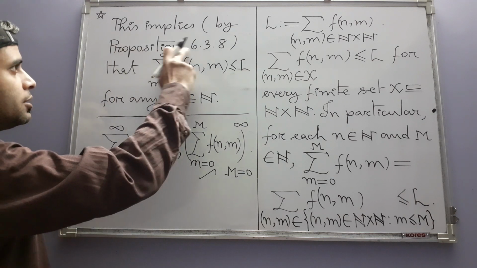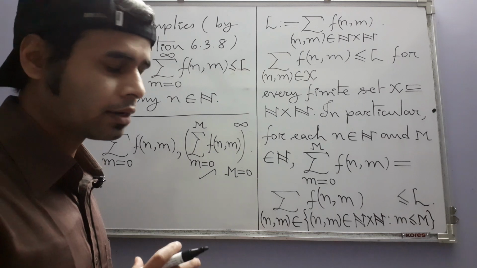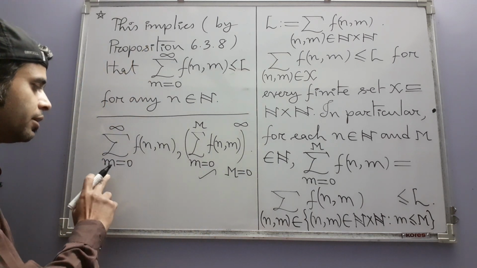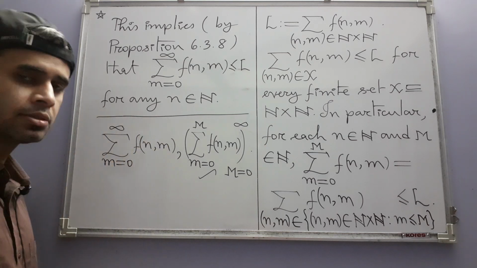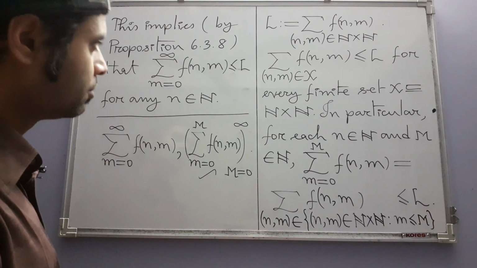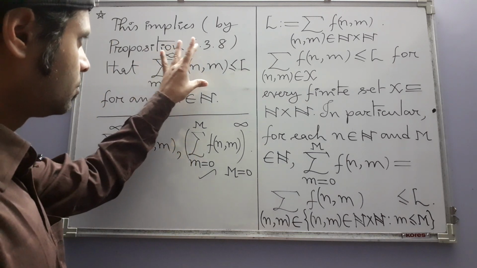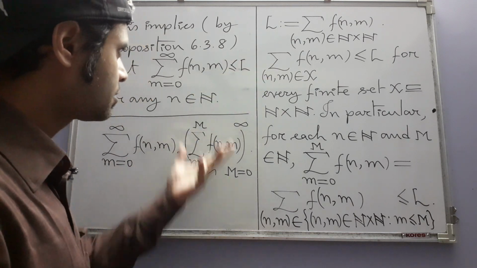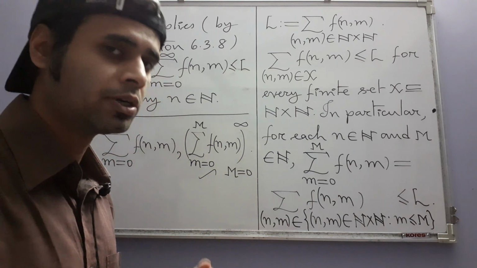So by proposition 638, it will be convergent, and it will converge to some real number, and that real number, by the definition of convergence of infinite series, is the sum of this infinite series. One more thing that we know is that that sum will be less than or equal to this upper bound, and in fact that sum actually will be the least upper bound of this sequence, the supremum.